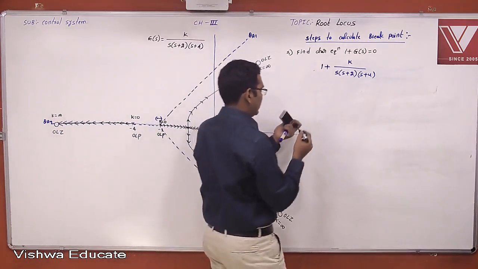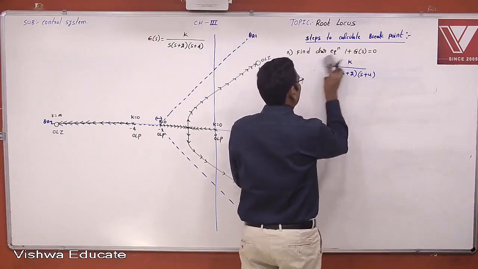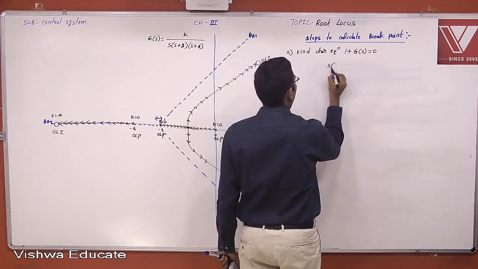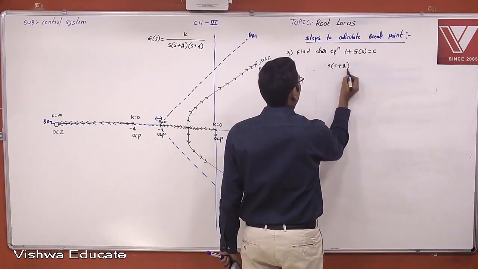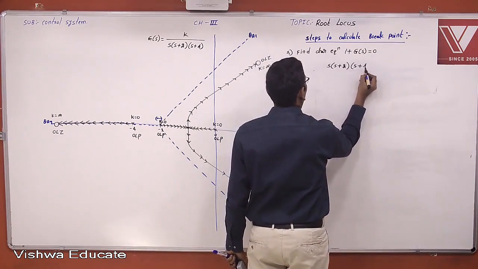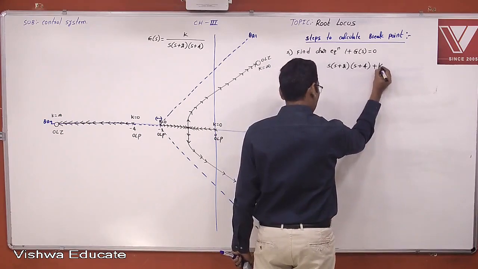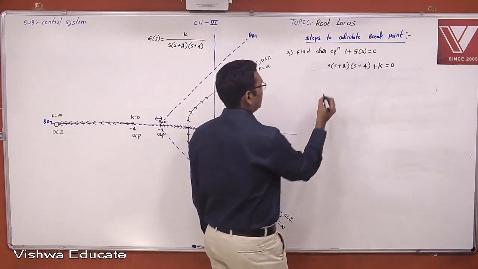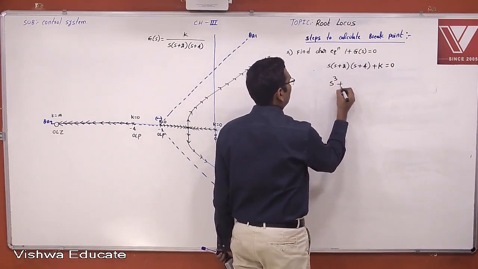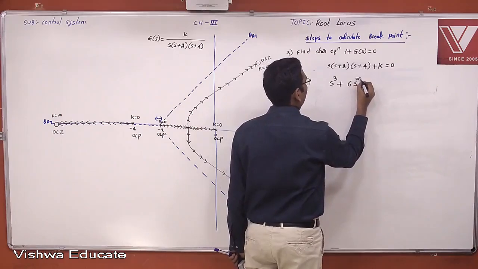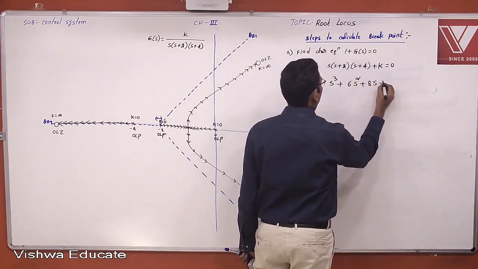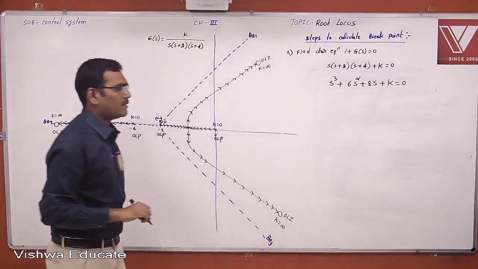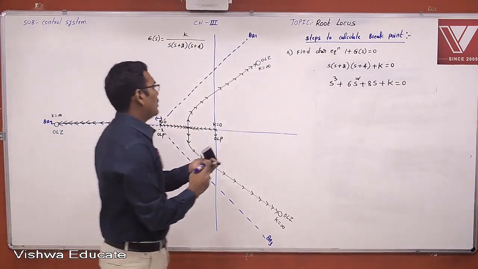Now what is the characteristic equation? s into s plus 2 into s plus 4 plus K equal to 0. The characteristic equation is s cube plus 6s square plus 8s plus K equal to 0. This is step number 1, the characteristic equation. Okay, first step. Now step number 2.